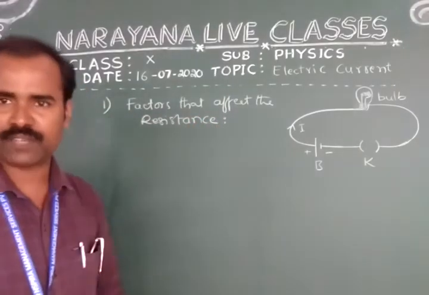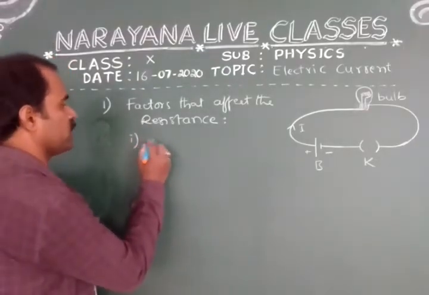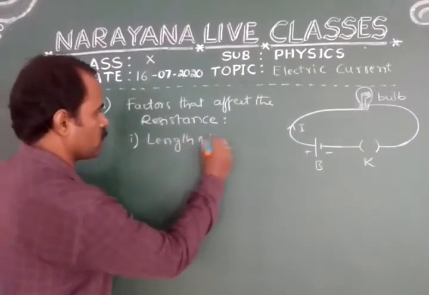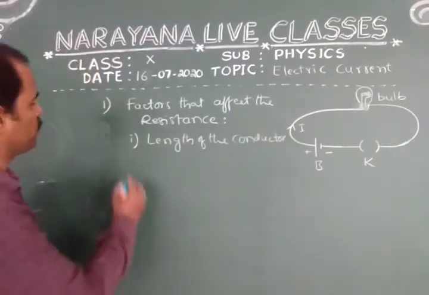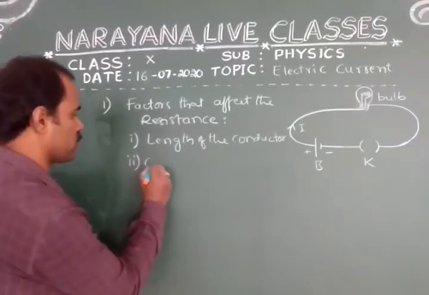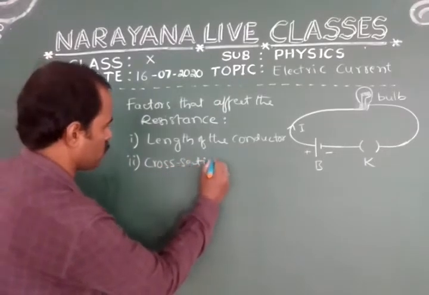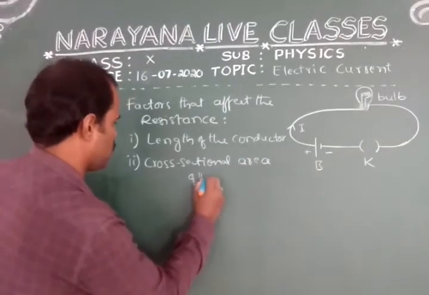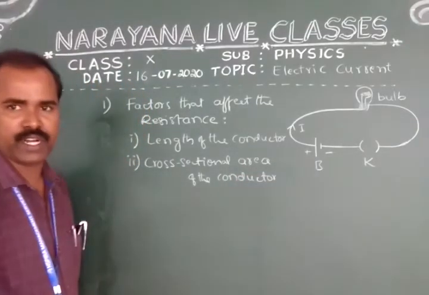Factors that affect the resistance of a conductor are: the first one is length of the conductor. Next one is cross sectional area of the conductor.